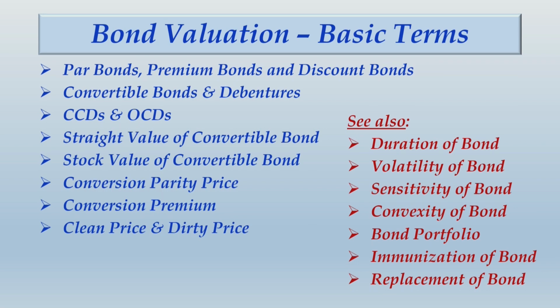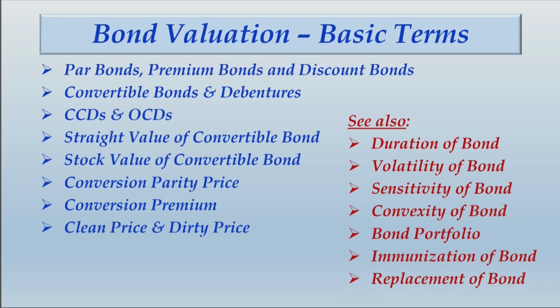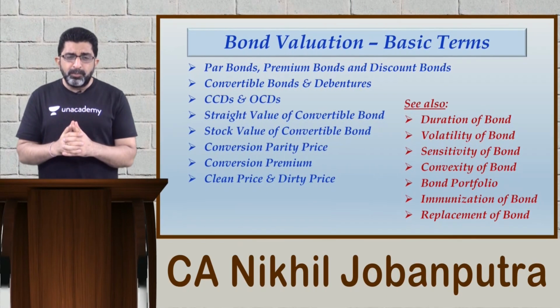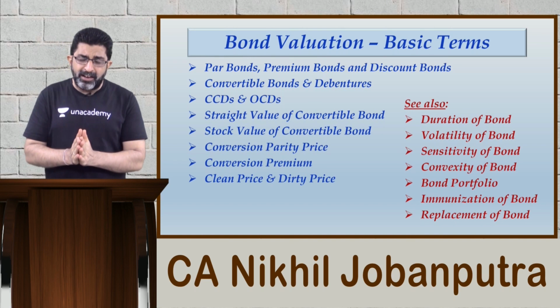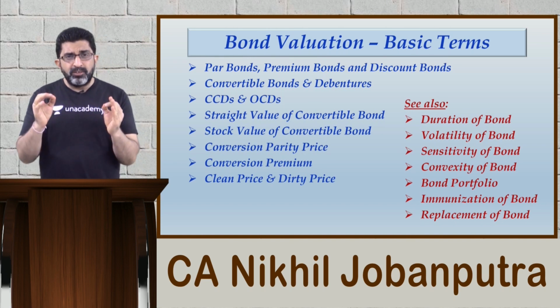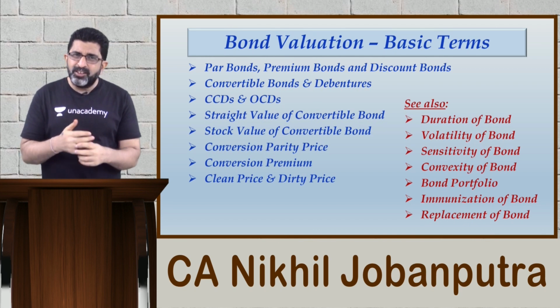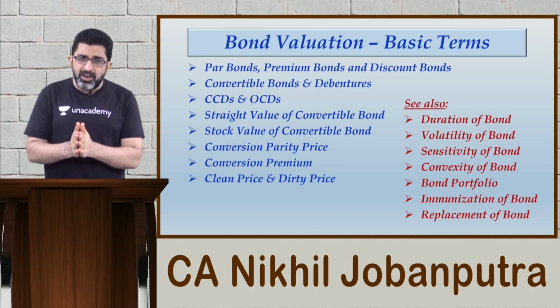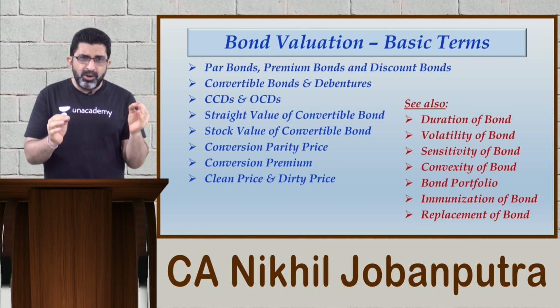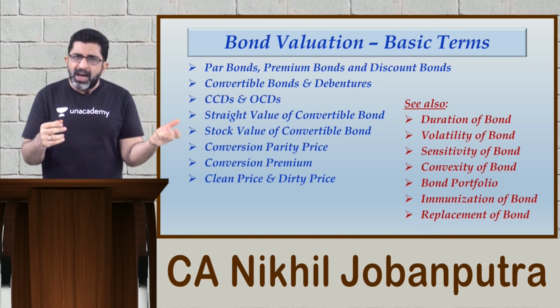For example, the first term that we find over here, that is par bond, premium bond and discount bond. Let me talk about that. You might be wondering, sir, we have just talked about this. When the bond is issued at par, it is a par bond.